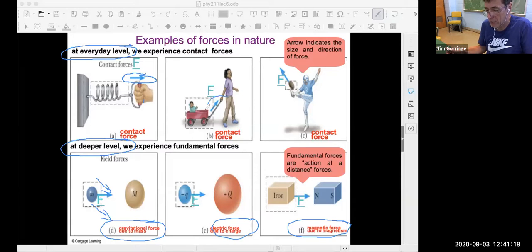All of these pictures involve a force arrow, a force of a certain strength and a certain direction. And likewise down here for the fundamental force of gravity, the fundamental force of electricity, the fundamental magnetic force. The forces are vectors with sizes and directions.